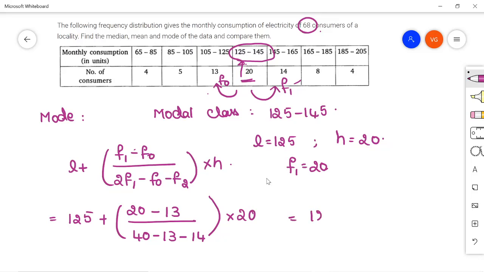So this will be 125 plus 7 into 20, 140, divided by 54 minus 40 minus 27, that will be 13. So the value we are getting here is 135.76. So this is the mode value.